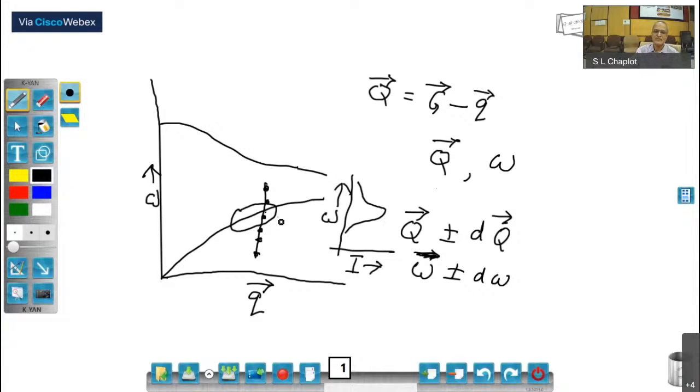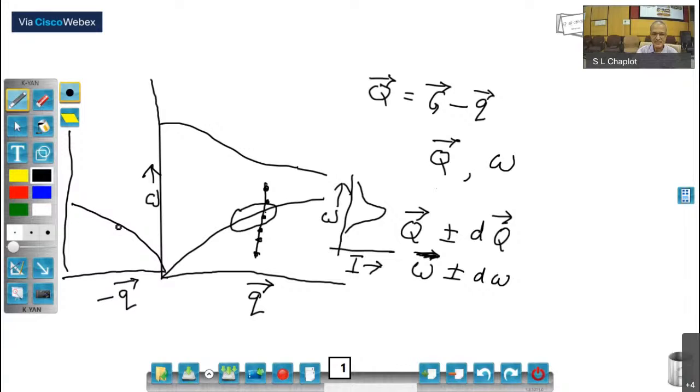Now, on the other hand, suppose I'm measuring at minus q. In the minus q direction also, we know that the phonon frequencies are symmetric with respect to q or minus q, whether the phonon is propagating in the plus q direction or minus q direction, the frequencies are the same.